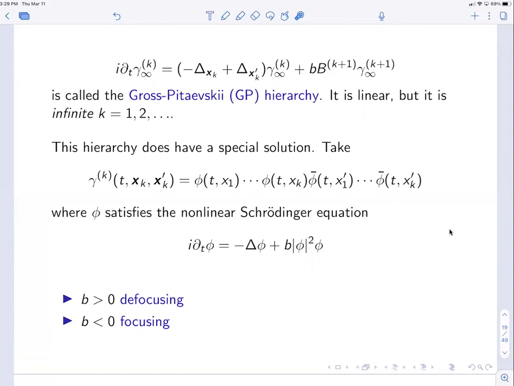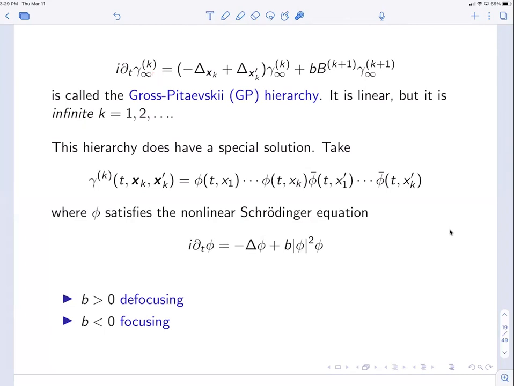This hierarchy, however, does have a special solution. And that suggests that there might be something to learn from this approach: if we just set gamma k to be equal to a k-fold product of nonlinear Schrodinger solutions, and then the complex conjugates with the prime coordinates as well, then you can check directly that if phi satisfies the nonlinear Schrodinger equation, then you plug this gamma k into the Gross-Pitaevskii hierarchy, and you find that it works.